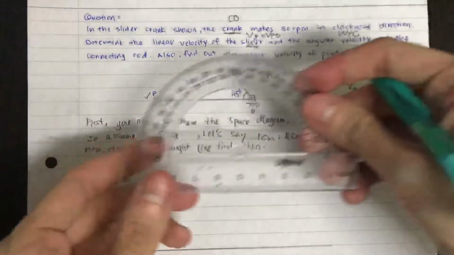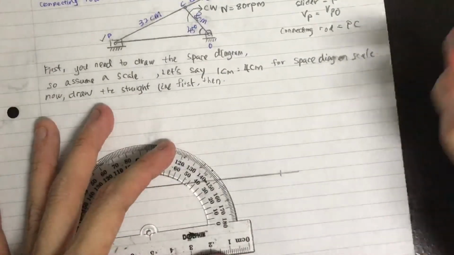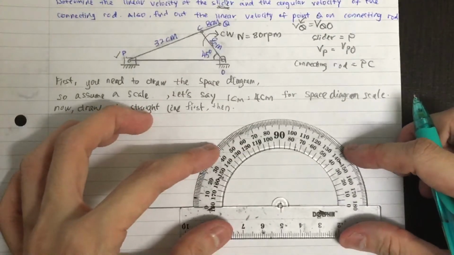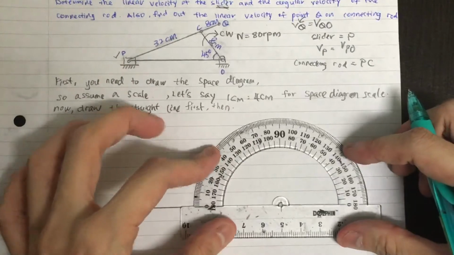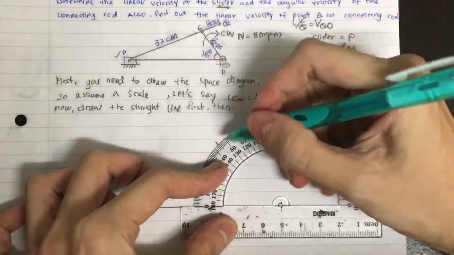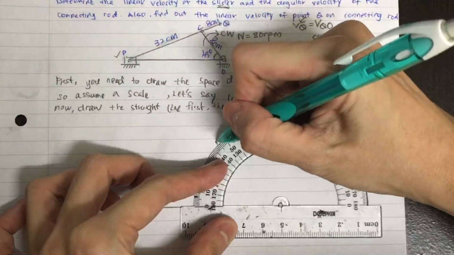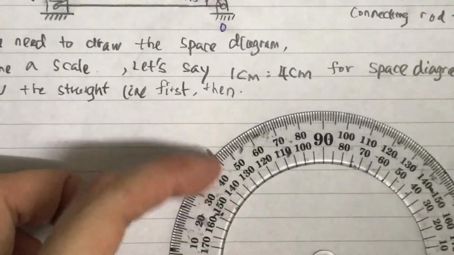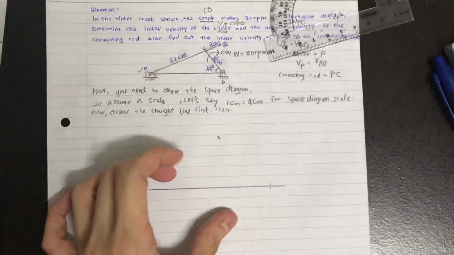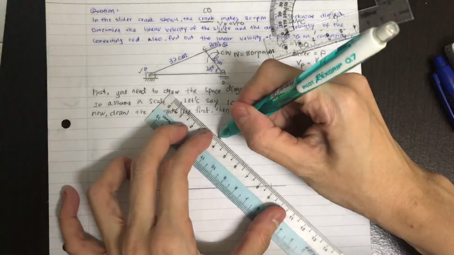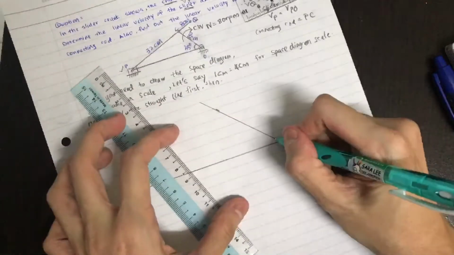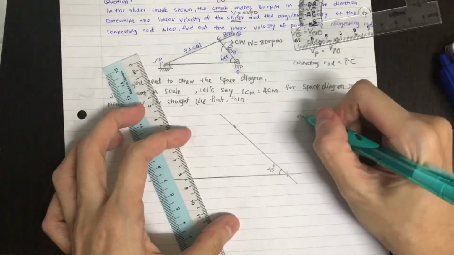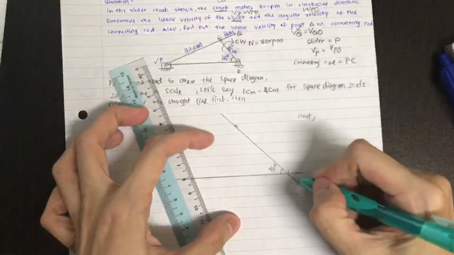Use your protractor to draw the angle now, it's 45° horizontal to the baseline. Next label your O.